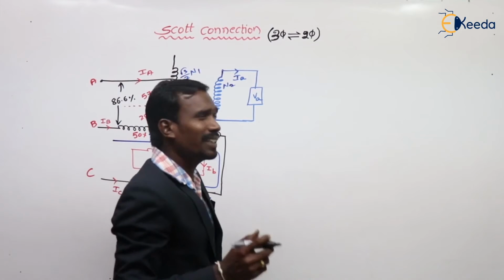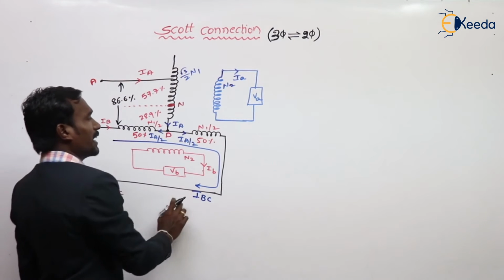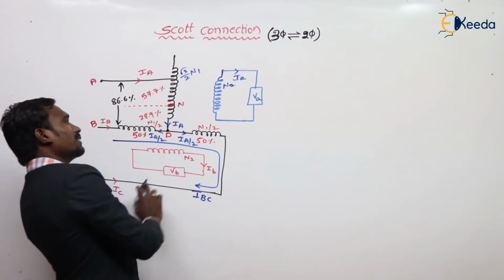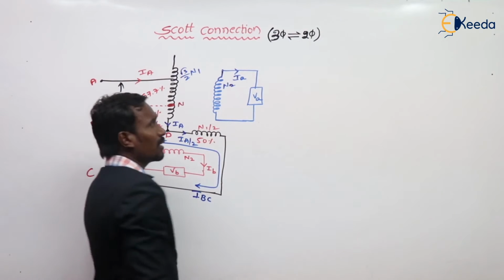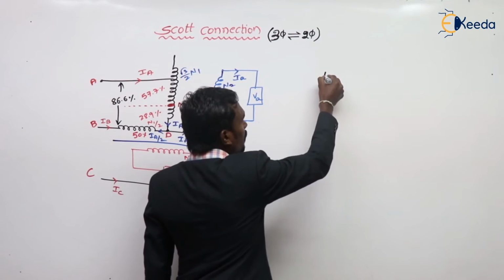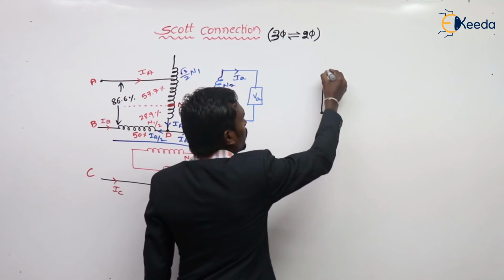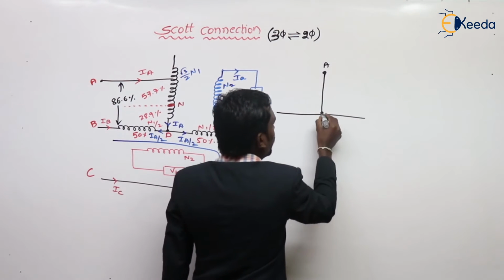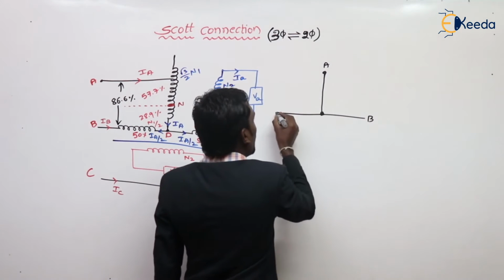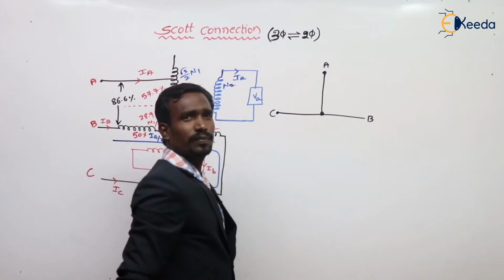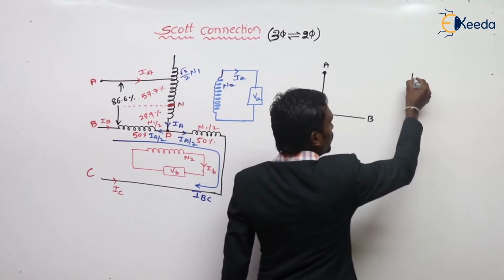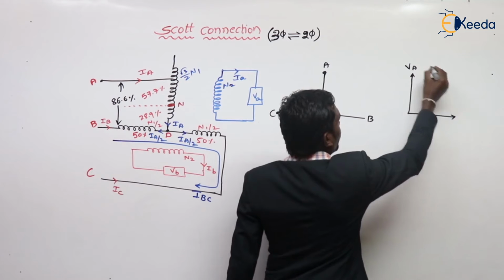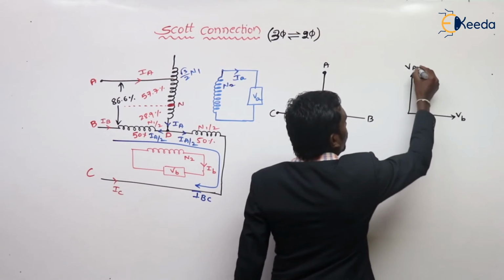Okay, see sir, this is our Scott connection diagram. Here the primary is 3-phase and the secondary is 2-phase. This is point A, and this is B and C. The load is 2-phase, with VA and VB.